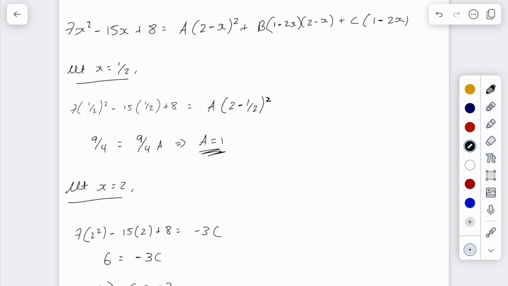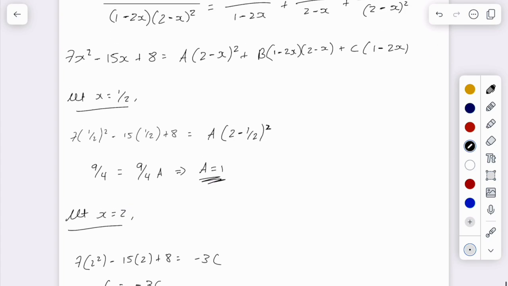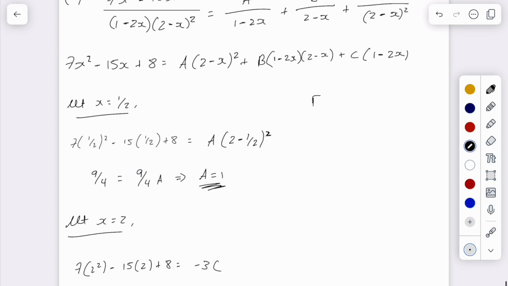Now, we still need to find B. So I'm going to say x equals 0. What that's going to do is give me just a B here, so we're going to have B times (2 − x).